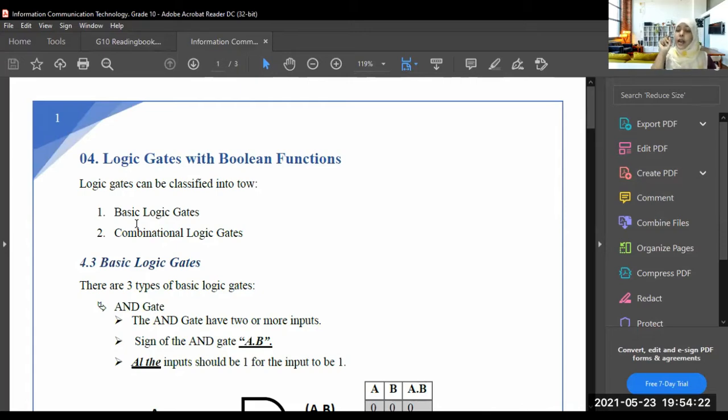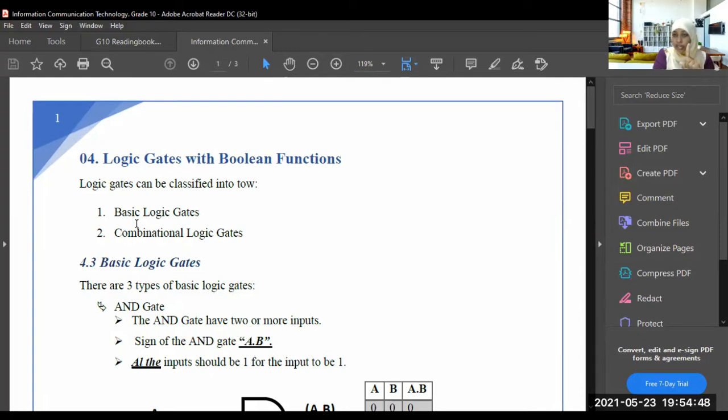The second one is combinational logic gates. Nothing to worry about and nothing to be confused about. From these basic logic gates, the combinational logic gates will be designed.